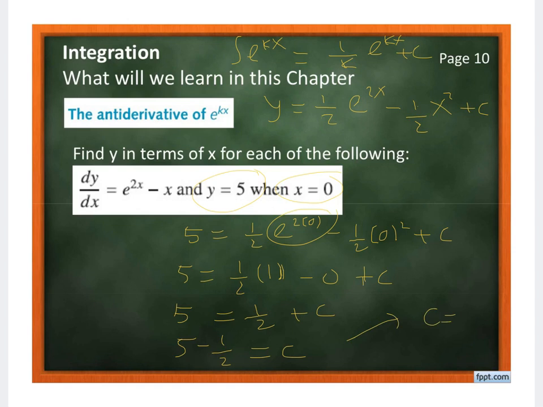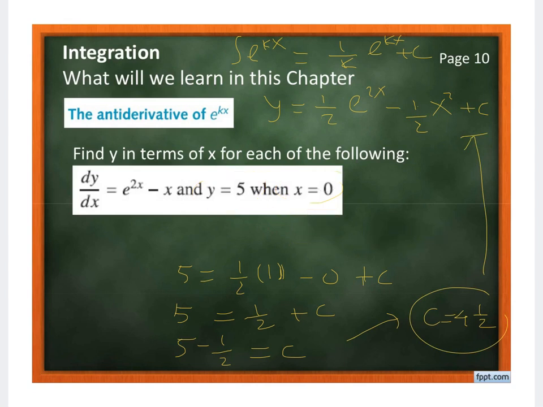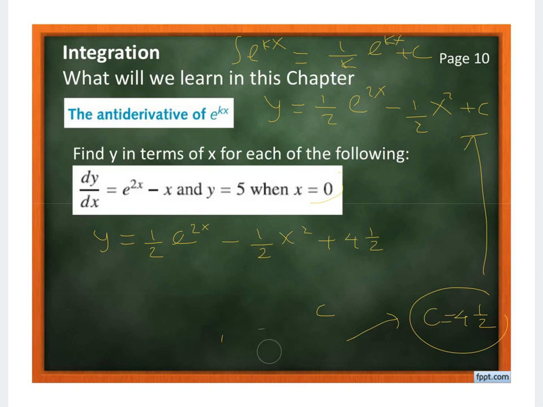Now I substitute here. So y equals 1/2 e to the 2x power minus 1/2 x squared plus 4 1/2. Here is the answer.